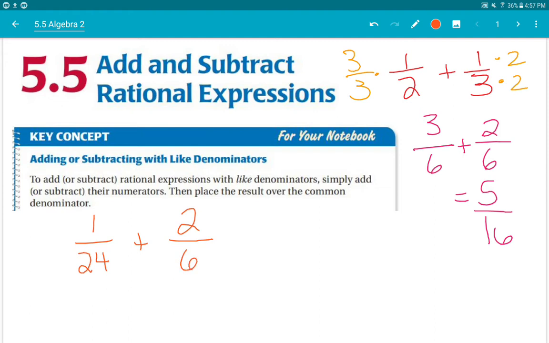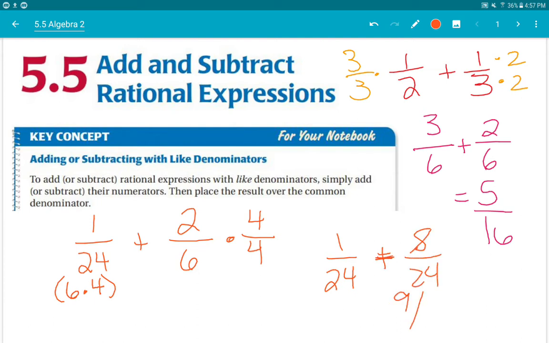It's actually 24, since 24 is the same thing as 6 times 4 in factored form. So I need to multiply this fraction by 4 over 4 to get the 24. That gives you 1 over 24 plus 8 over 24, which is 9 over 24. That simplifies by 3, so we get 3 over 8.